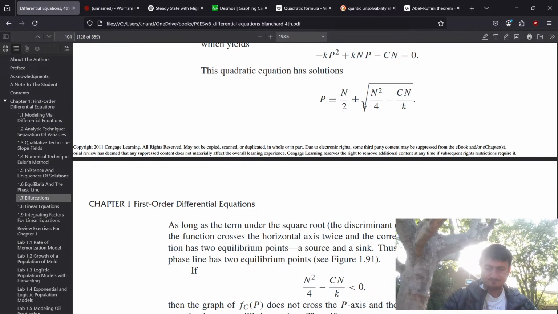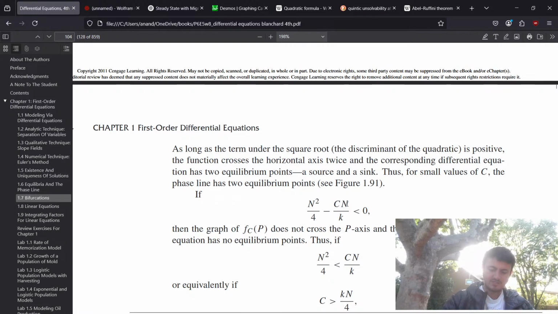N squared over 4 minus Cn over K is equal to 0. So if we get N squared over 4 minus Cn over K equal to 0, we get NK over 4 is equal to C.